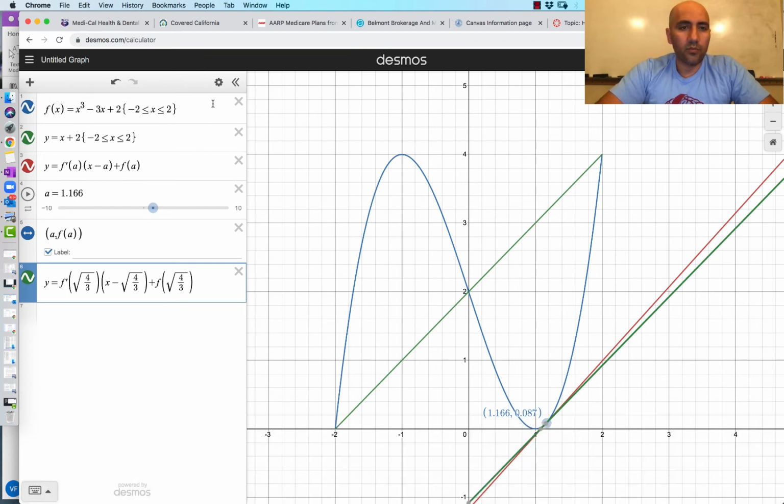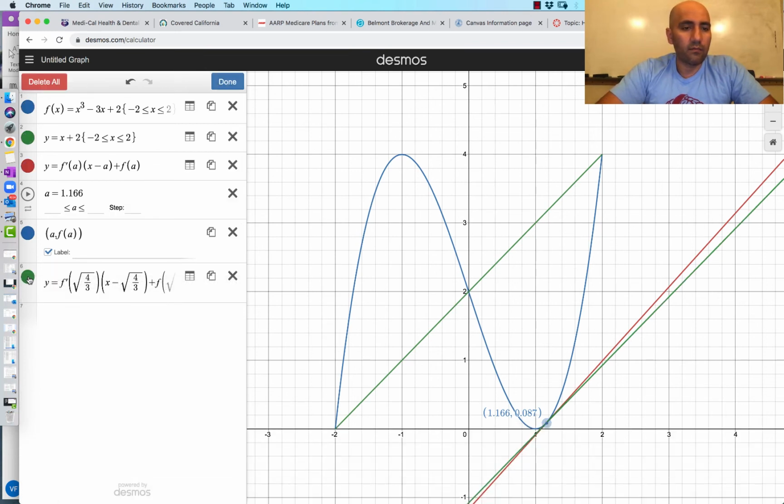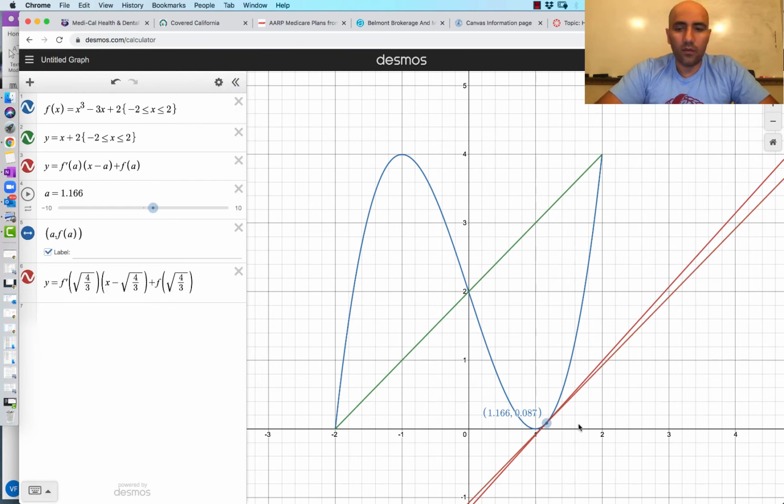And let's put it in red. And there we go. So this is one of them. At x equals square root of 4/3, we see that this is exactly what we're looking for. The tangent line is parallel to the secant that connects the two endpoints.